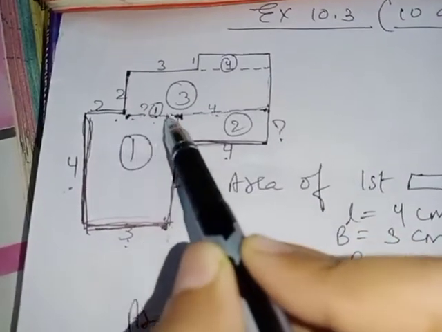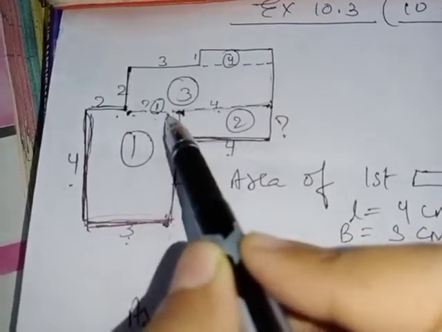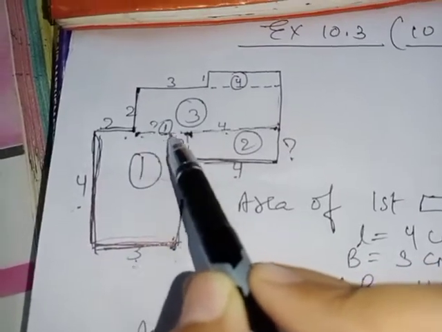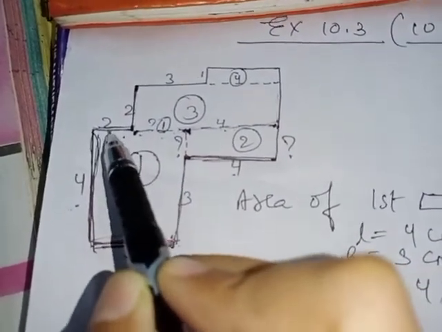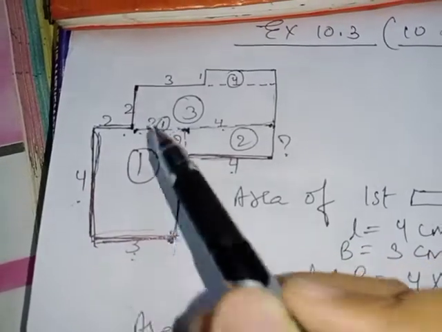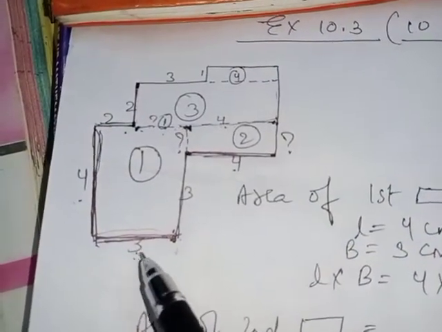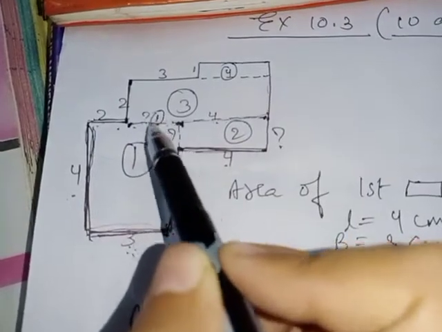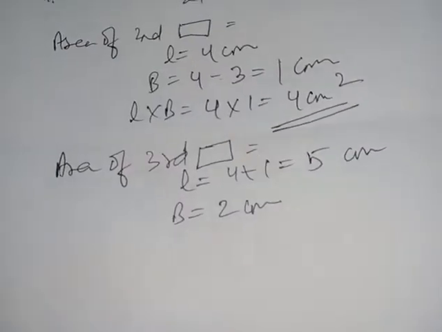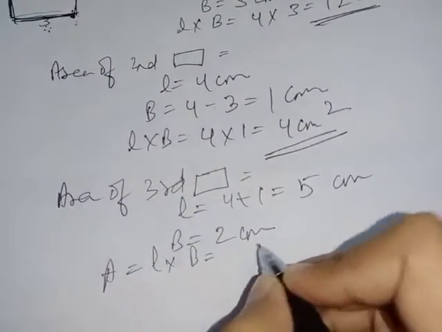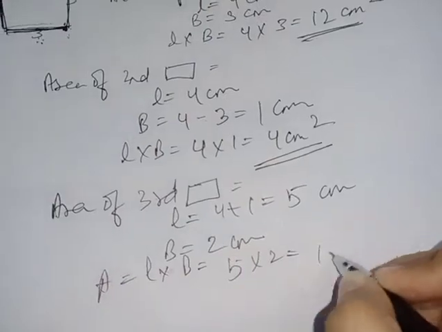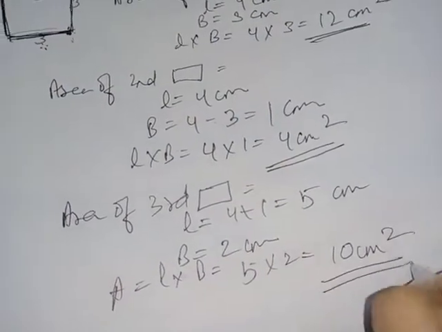Now how will we get this portion? For knowing this much part, if you see, this is written here 2, but we want only this much, right? And downside is given 3. So 3 minus 2, the left out portion we get 1. So 4 plus 1 will be 5, and your area will be breadth, that is 5 into 2 equal 10 centimeter square. Got it?